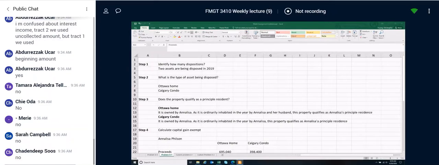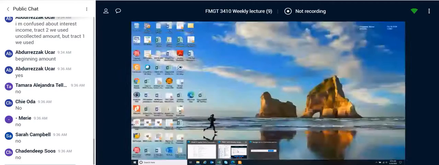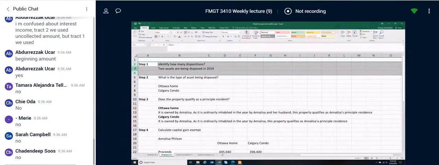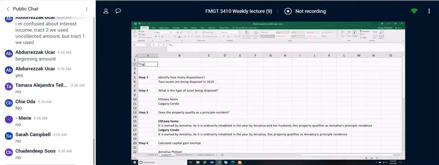So again, number one, if we were to look at trigger, what would you want to see as the trigger? So this student, for example, they didn't have the trigger in here. So again, if you want a trigger, what's the trigger for principal residence?